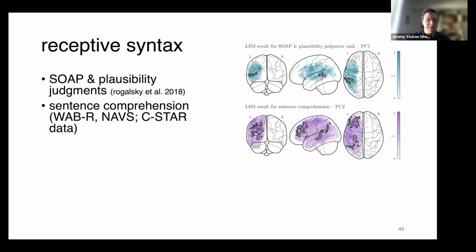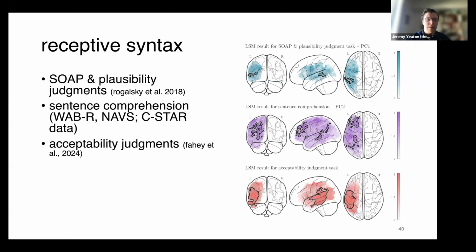If we look at sentence comprehension from the WAB and the NABs in the C-STAR data set, we see this mid to posterior STS lesion, as well as some frontal involvement. But as we've discussed, comprehension can implicate frontal regions as well for different reasons. And then if we collapse across the conditions from the Fahey et al. acceptability judgment study, again, we see this mid to posterior temporal lesion.